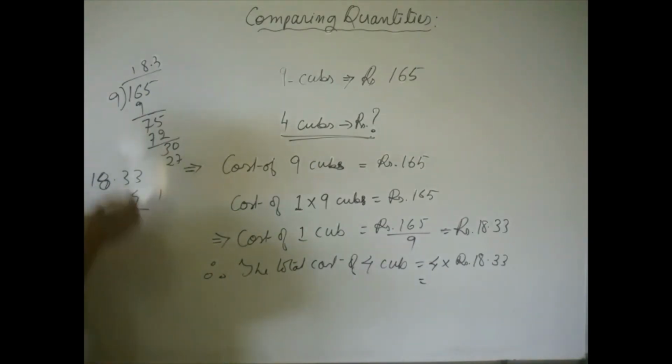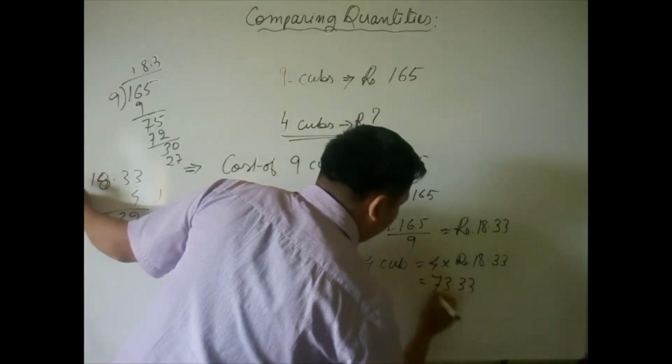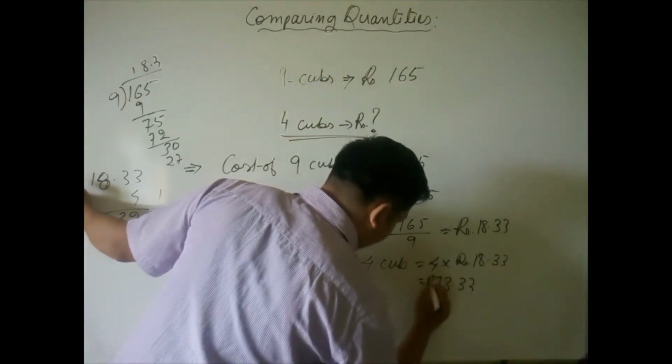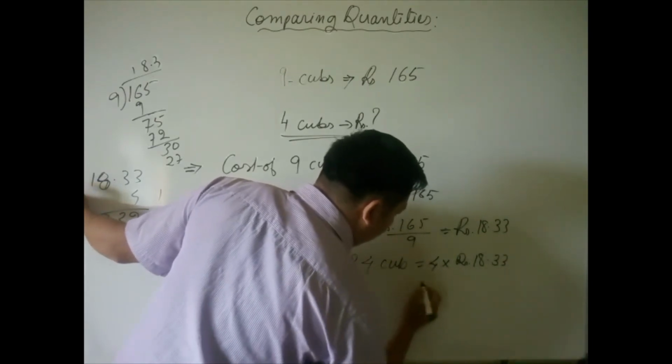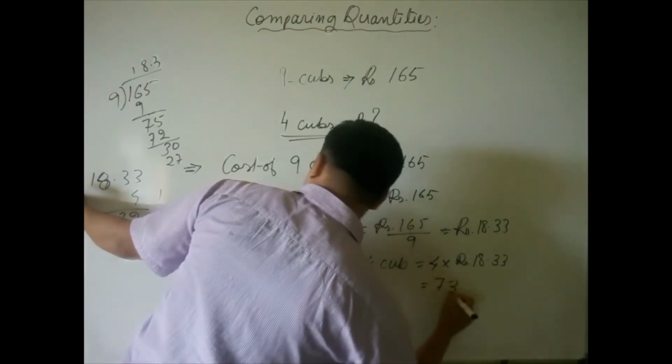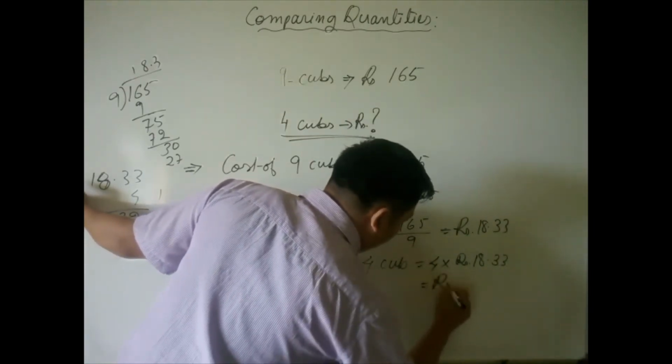Yes. And 1 in hand, 4 8 32, 33, 3 in hand, 7. Like this, you get here 73.33 rupees. So what is the total price of the 4 cups now? The 4 cups will cost 73 rupees. Don't forget the rupees.